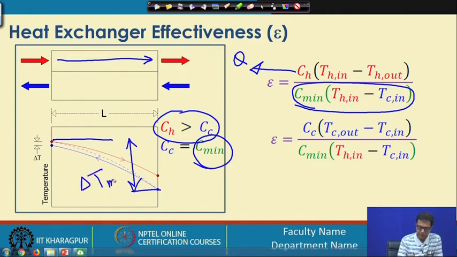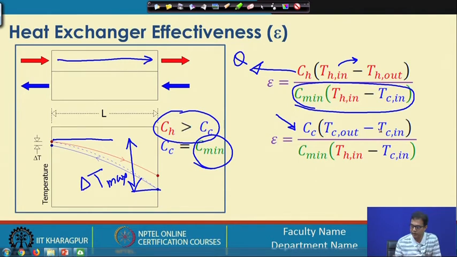We can also write the actual heat transfer Q in terms of the cold fluid enthalpy change.